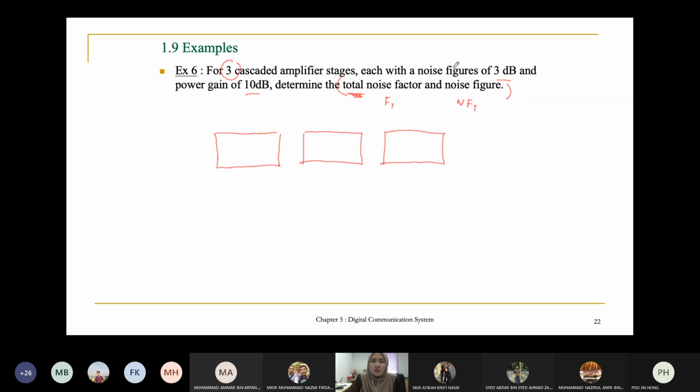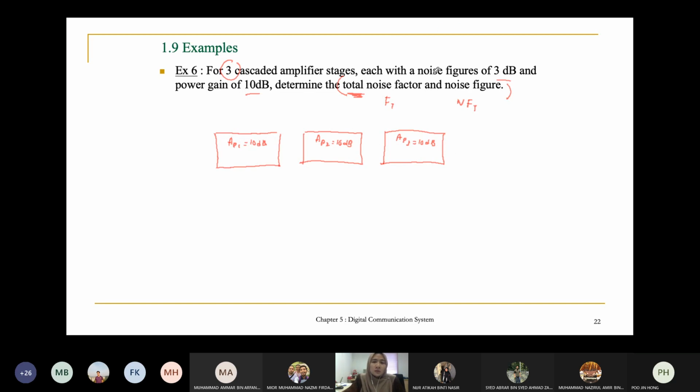Each of the amplifiers has a noise figure of 3 dB and power gain of 10 dB. Power gain is A. AP1 is equals to 10 dB. AP2 is also 10 dB. AP3 is also 10 dB. Sebab dia kata value dia semua sama.